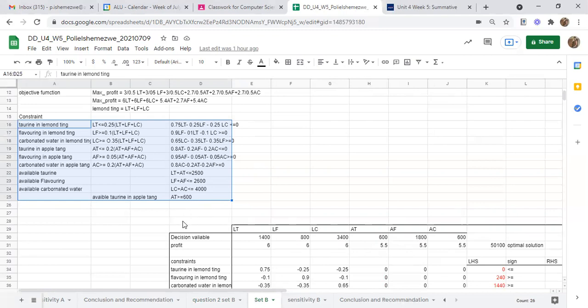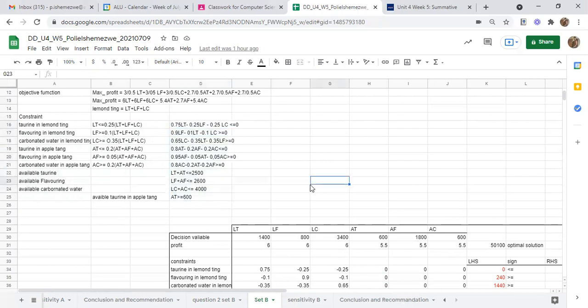To come up with the solution, we have to put into equation form the percentage of all ingredients that must be used in producing lemon tang. This is also the same for the apple thing. At the end of the day, we have to change the various percentages to decimal form with the correct equality sign, then multiply with the variables here.